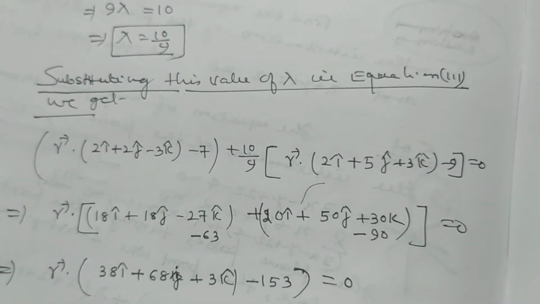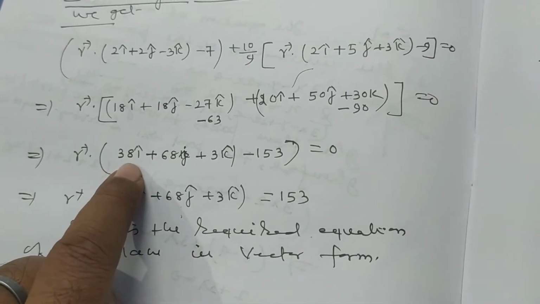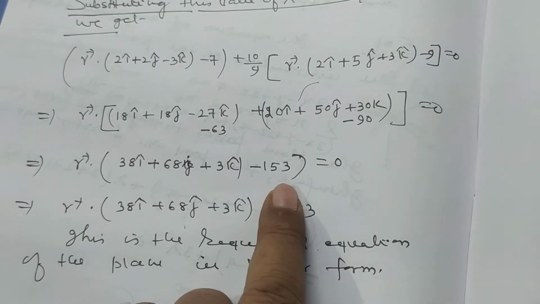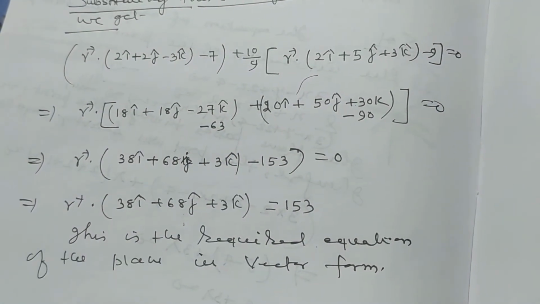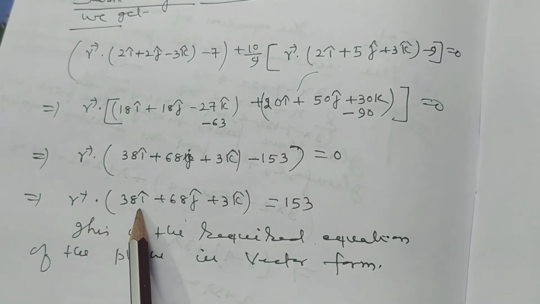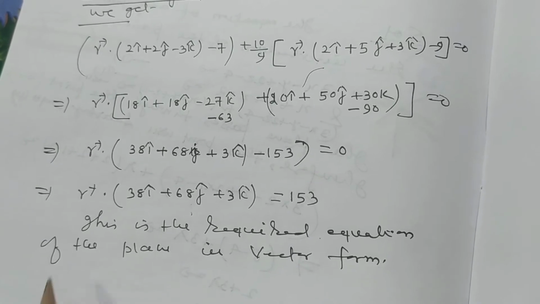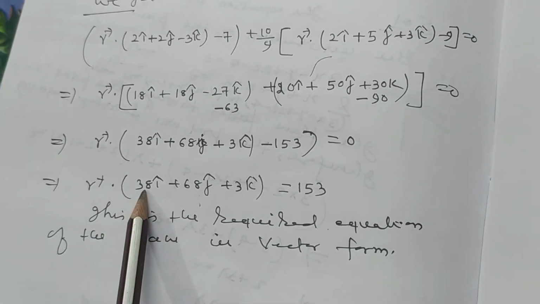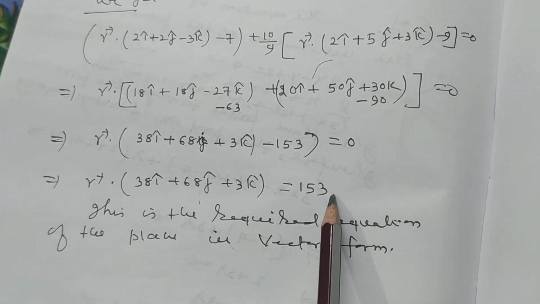After simplifying we will get vector r dot (38i + 68j + 3k) = 153. By putting the value of lambda and simplifying, you can write it in Cartesian form: 38x + 68y + 3z = 153.